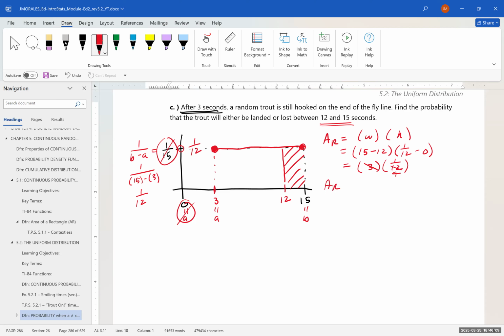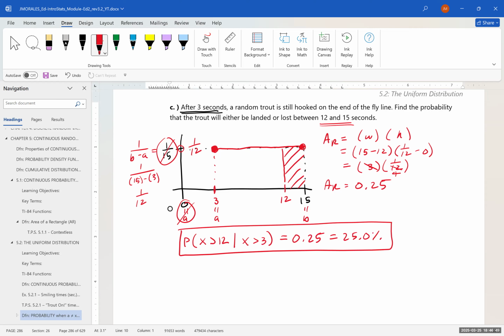So the area of our rectangle is 0.25, which means the probability that a trout will be landed or lost in over 12 seconds, given that the trout has already been on the fly line for 3, is equal to 0.25, or 25.0%.